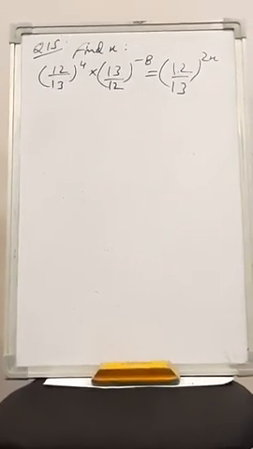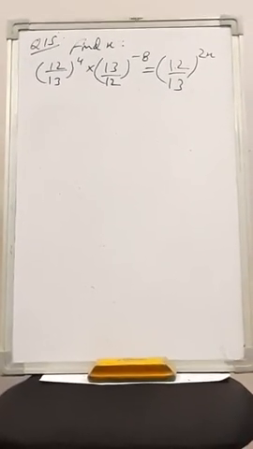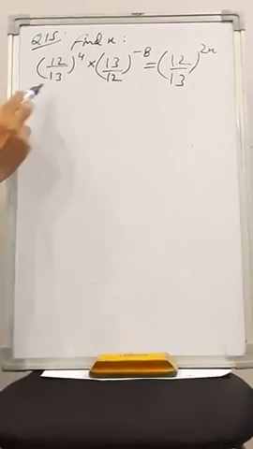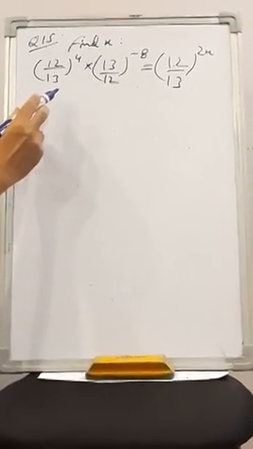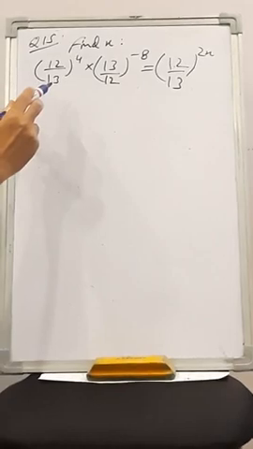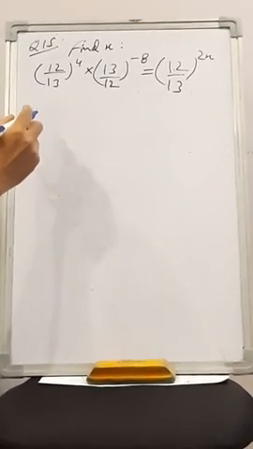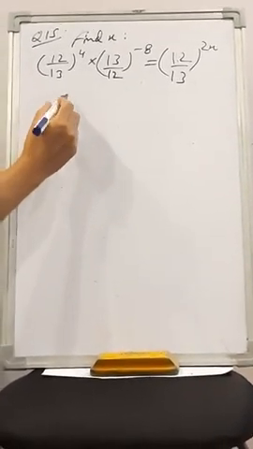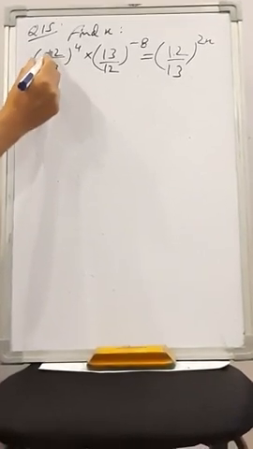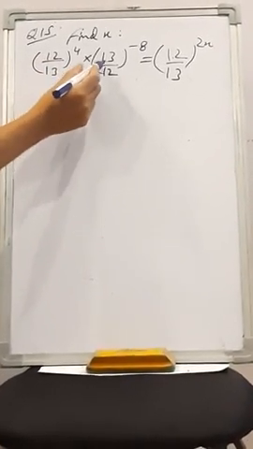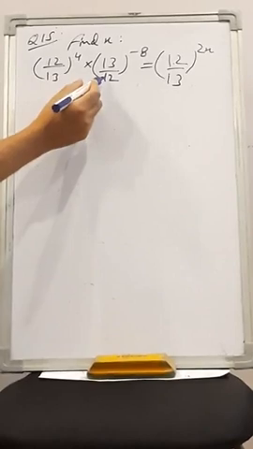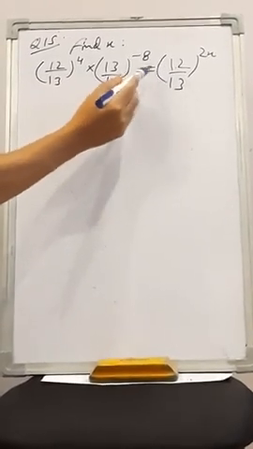So you will apply laws of exponents here to get both the sides simplified first, and then we will find x. Now here do you notice it is 12 by 13 and it is 13 by 12, and here also the base is 12 by 13.